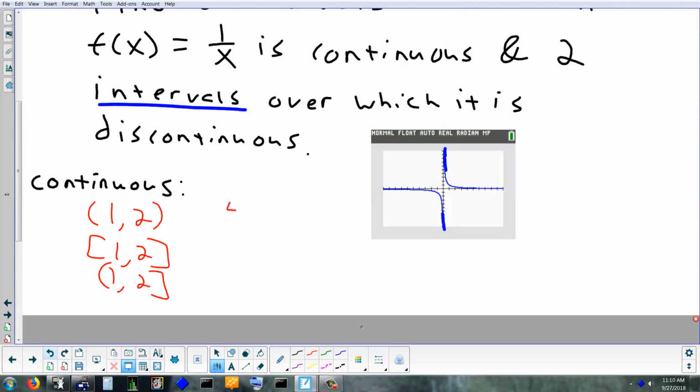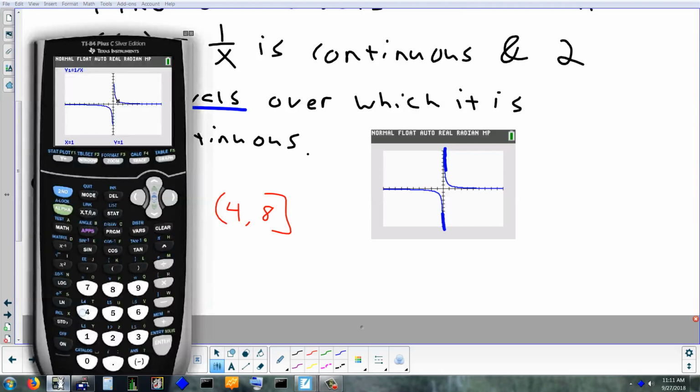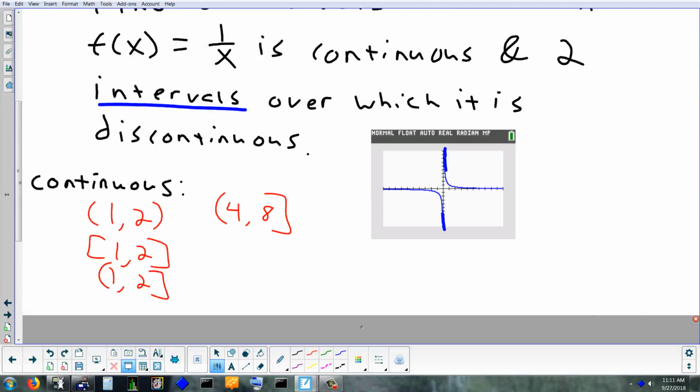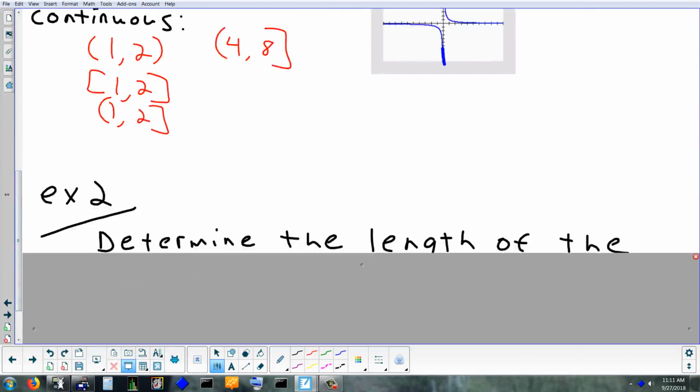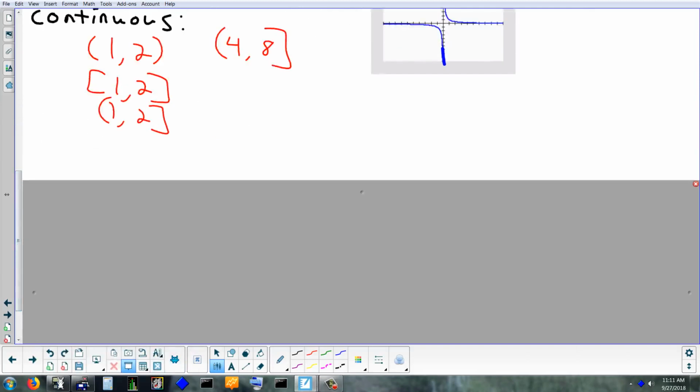So you want to trace from 4 to 8, open, closed, or half open? Half open, okay, so we'll go like that. You can trace between 4, which is right there, to 8, which is over there, without ever lifting your pencil. Okay, so there's an infinite amount of answers. Now, I'd like to name an interval that's discontinuous.